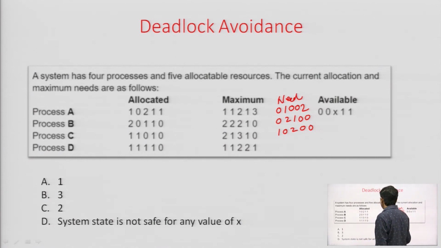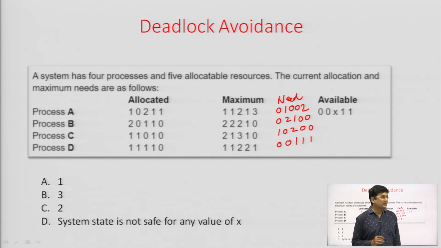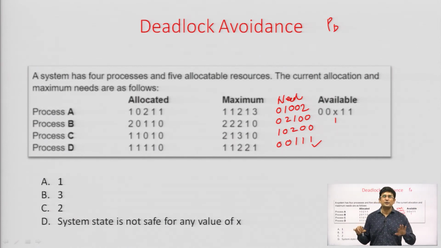Let us see for the D. For the D process it will be 0, 0, 1, 1 and 1. Yes, there seems to be the possibility. If we take x as 1, the need of the process D can be completed. So, process PD can complete. If PD completes, it frees all its resources.